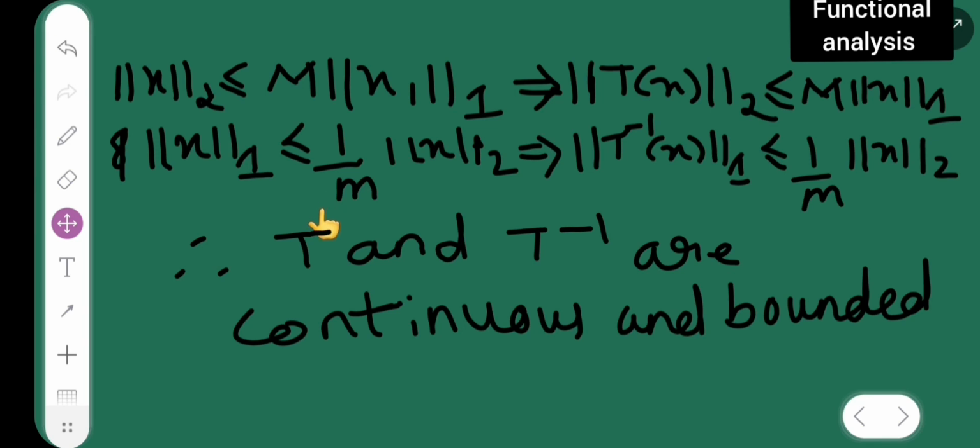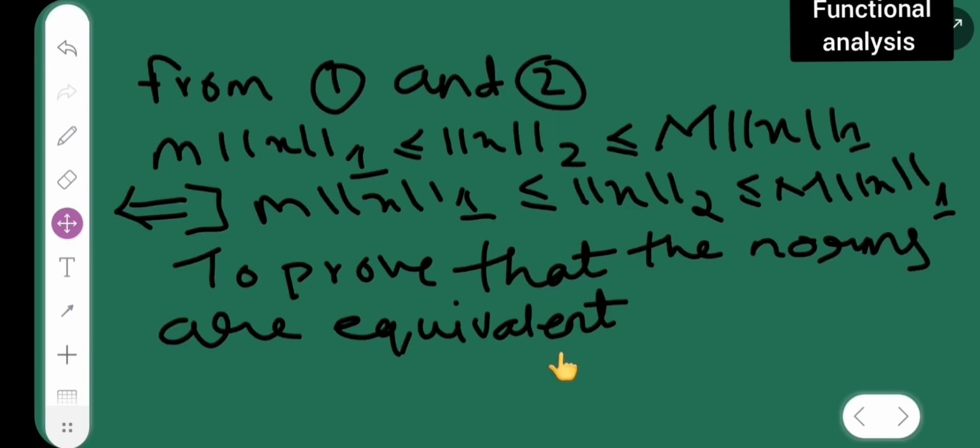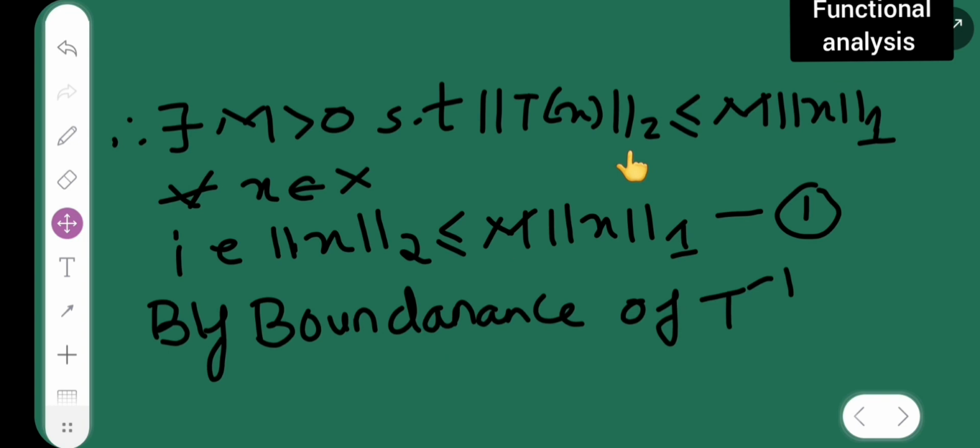Now what does this imply? Sorry, I have made a small mistake here. This is the norm of x only, okay? The 1 I have removed from here. Now this implies norm of T of x is less than or equal to m norm of x1. From where is it? From 1, from this part. Now this implies this.